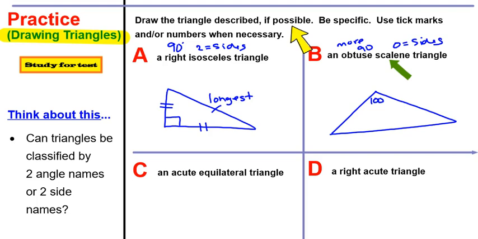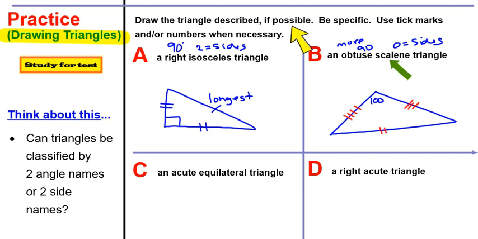And then I have to have 0 sides the same. That means that when I mark my tick marks on there, I have to put different tick marks on all of the sides. 1, 2, 3, I can mark one with a 4, and one with a 3 and a 2. It doesn't matter. As long as all of the tick marks are different, I have 0 equal sides.